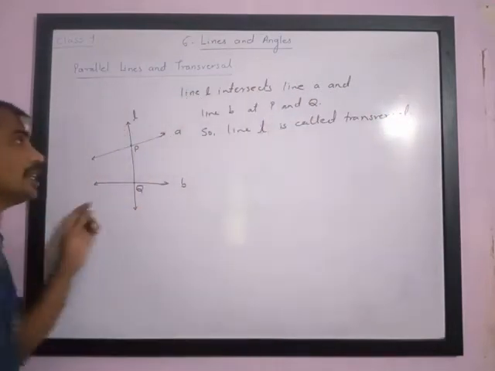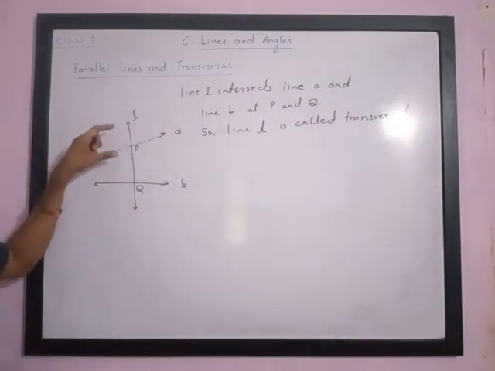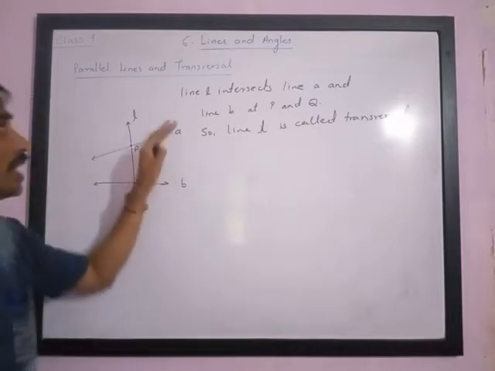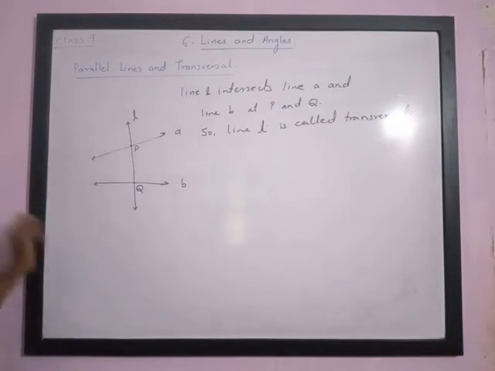Or this can be written, the definition of transversal is: a line that intersects two lines in two distinct points is called a transversal. So you can write the definition of the transversal as well.